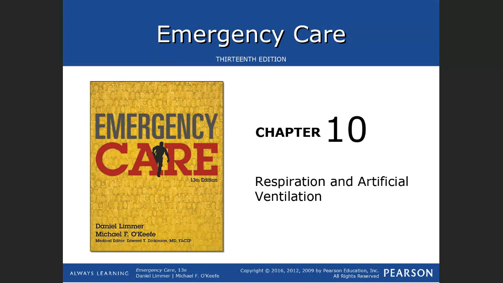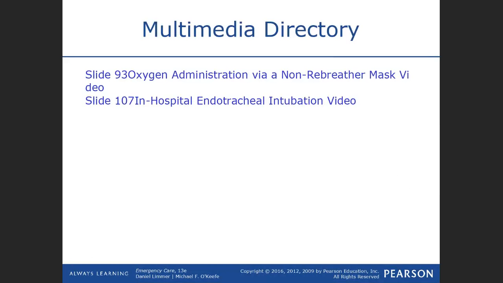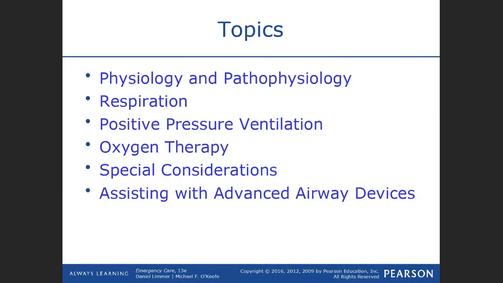Now let's focus more on respiration and artificial ventilation. Topics that will be covered: the physiology and pathophysiology of the respiratory system, respiration, positive pressure ventilation, oxygen therapy, special consideration, and assisting with advanced airway devices.